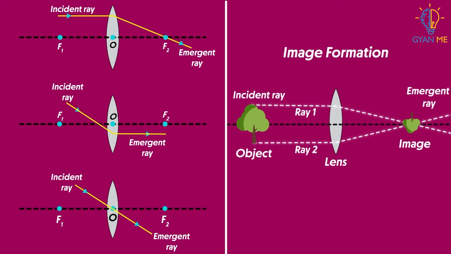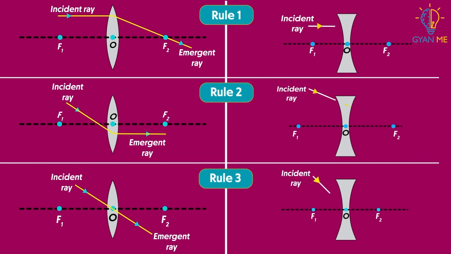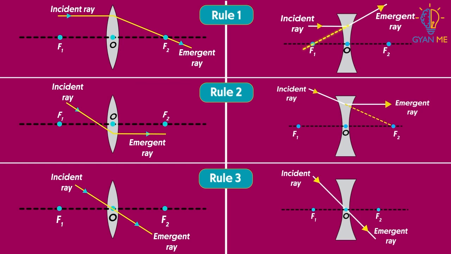So what we have seen are three rules for making ray diagrams. Rule 1 states that a ray of light from the object parallel to the principal axis, after refraction, passes through the focus point of the lens.